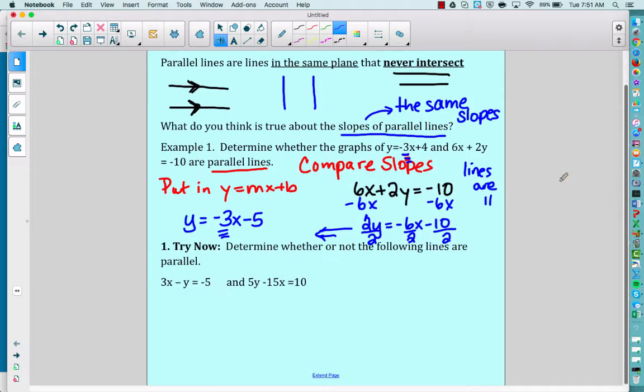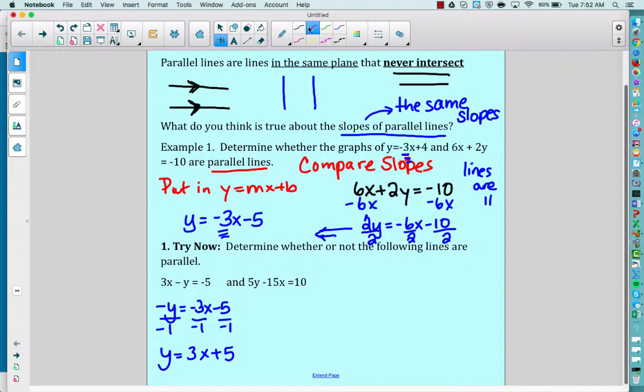All right, so you're back, and you have put the first one in y equals mx plus b, which is negative y equals negative 3x minus 5, making sure you put the x in front. You have to divide everything by negative 1 to make it positive y, so y equals 3x plus 5. In the other equation, I'm going to solve for y.